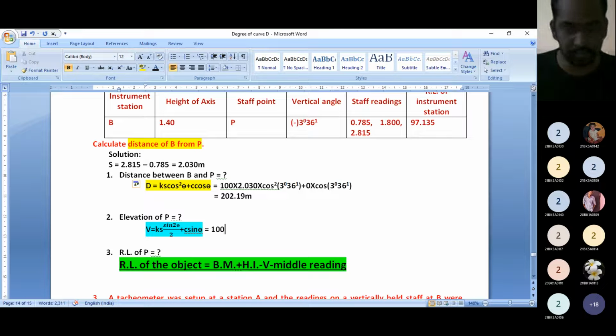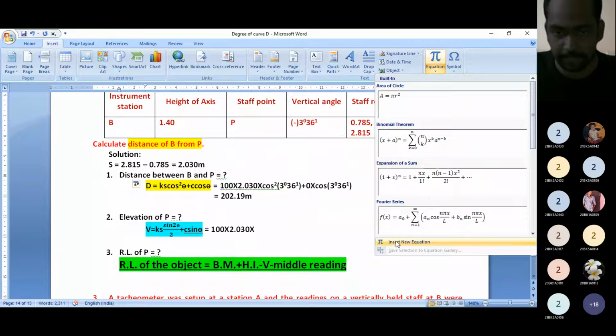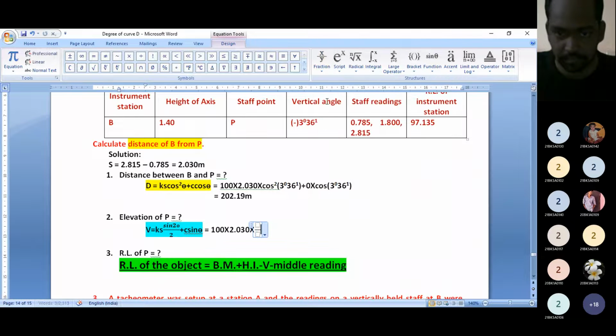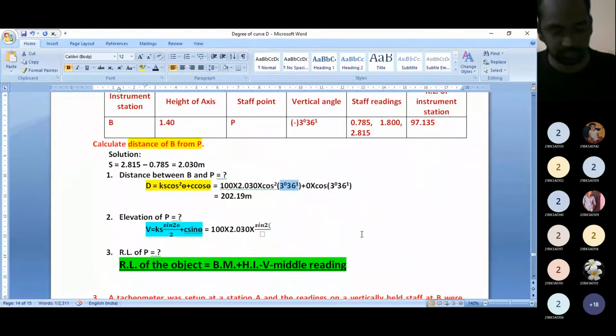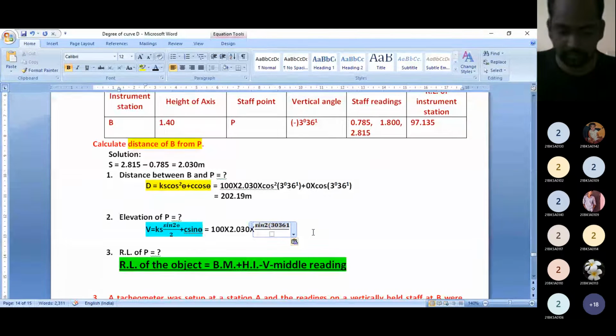So K value is 100 into S value is 2.030 into sin 2 theta divided by 2, that is sin 2 into theta 3 degrees 36 minutes divided by 2, plus C means anyhow C value is 0. So 0 into 12.72.